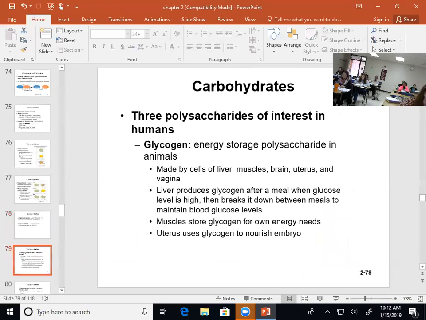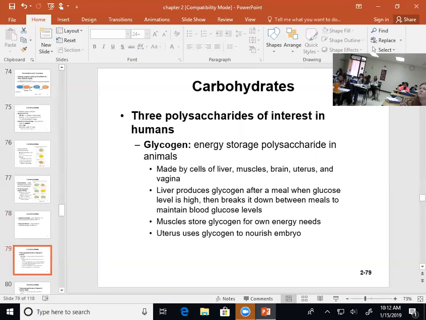Now, I have already told you all about glycogen, haven't I? And I told you that glycogen is an energy storage molecule of glucose. And I said that when your carb levels start to get high, your glucose levels start to get high, what endocrine gland will produce insulin? The pancreas produces insulin, and insulin escorts some of the glucose into your cells to be used right then, but it will also initiate glycogen formation.